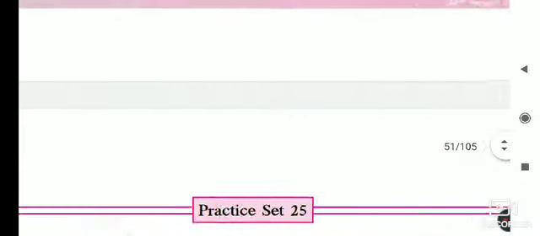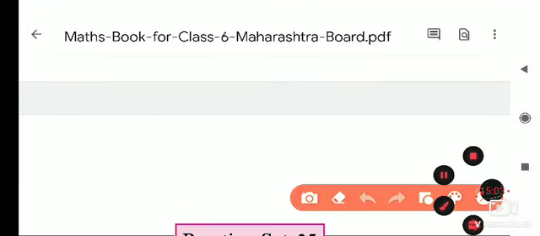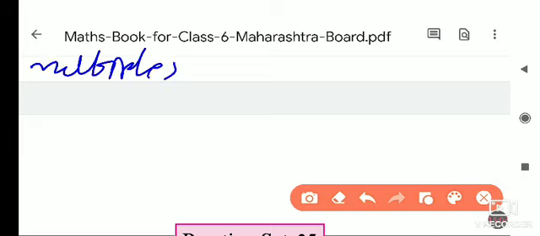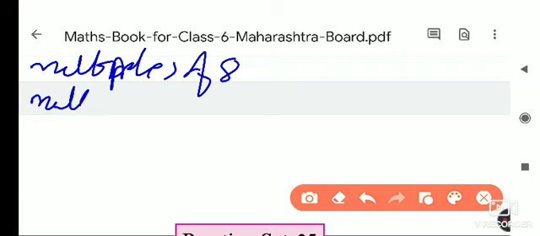First of all I have to write the multiples of 8 and then the multiples of 11.